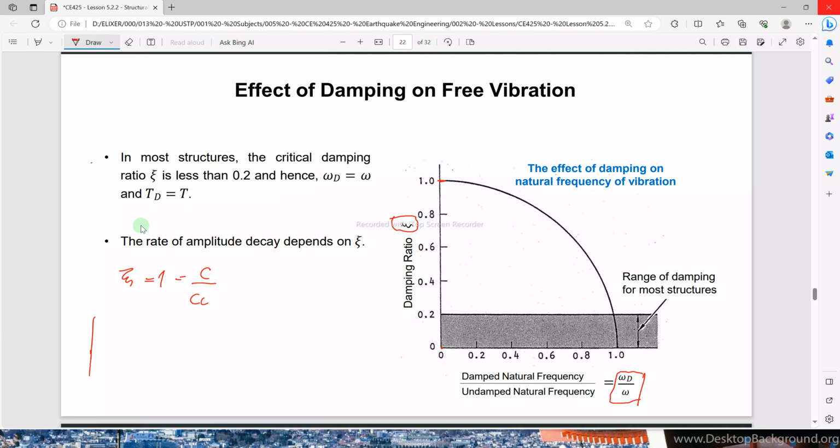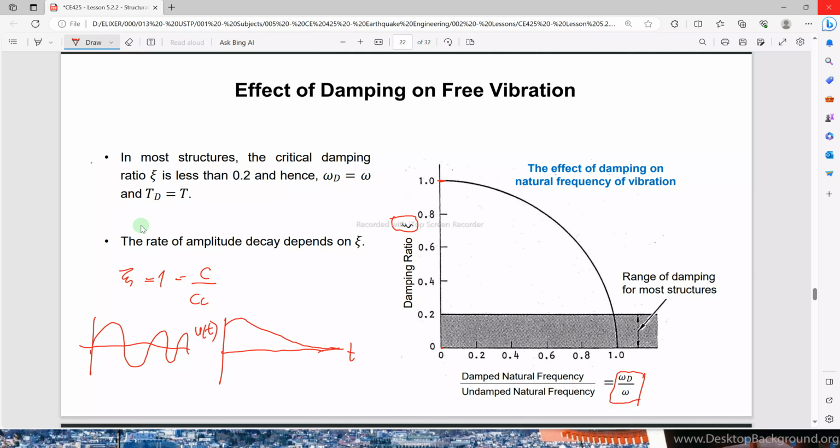When there is no frequency, the structure comes to a stop eventually through time.